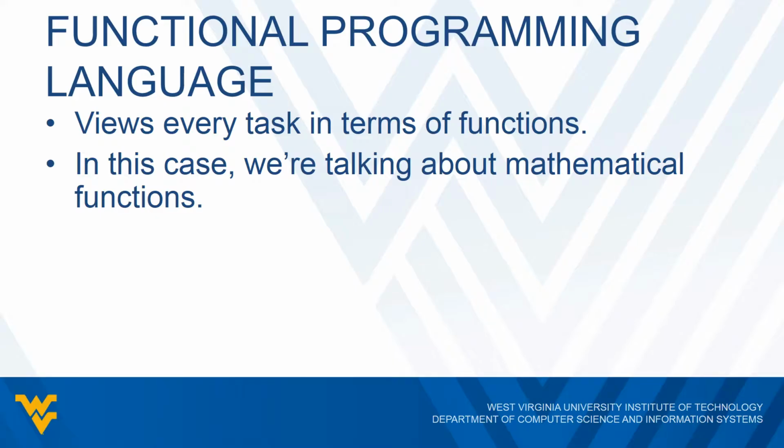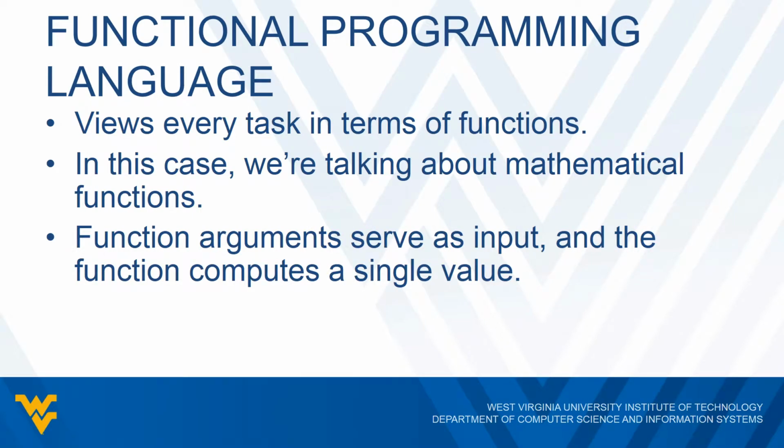So more formally, when the arguments are given values, the function will transform those values according to some specified rule into a corresponding resulting value. So what we're saying here is that we can think of a program as a function that acts on some input data. So the arguments would be our input, and then we would transform that input into our desired output or compute some single value.